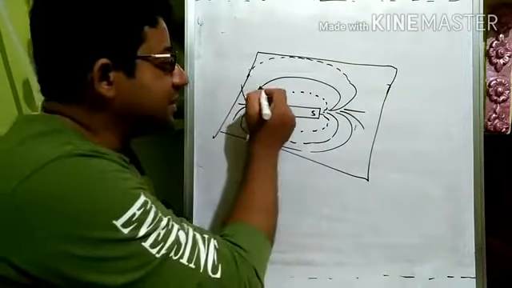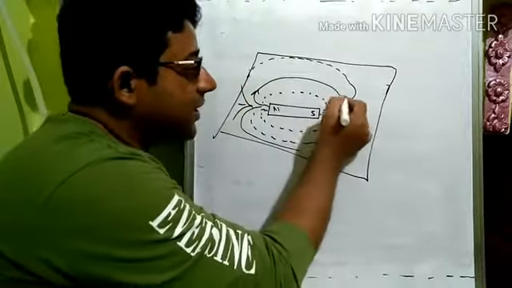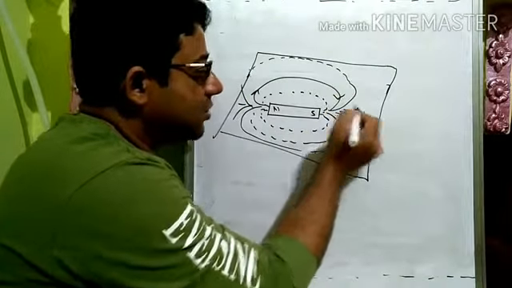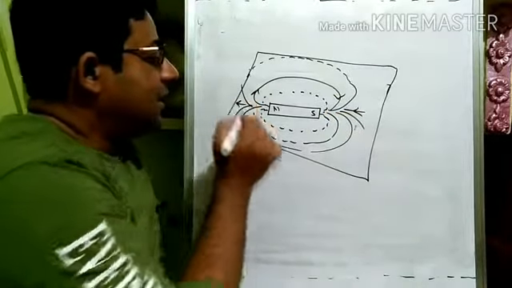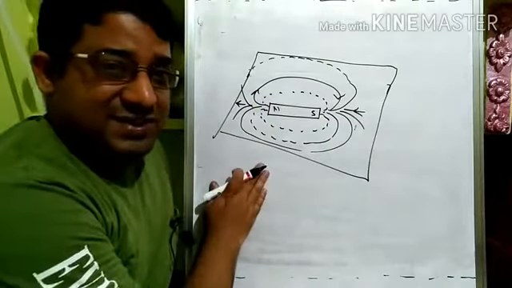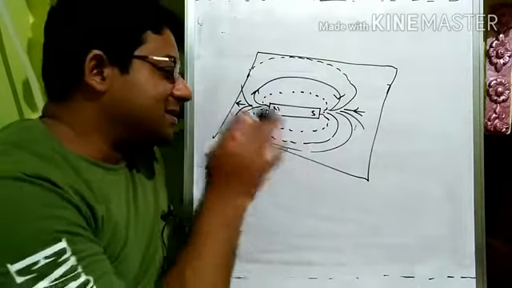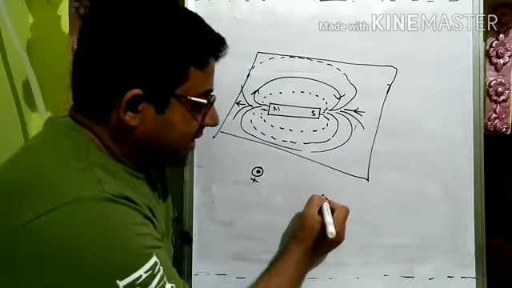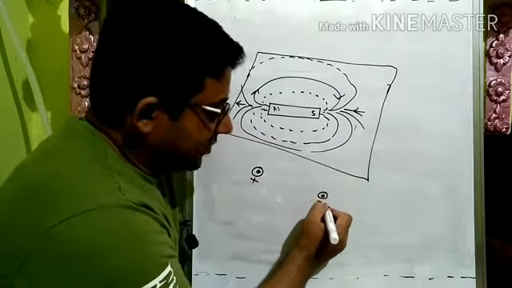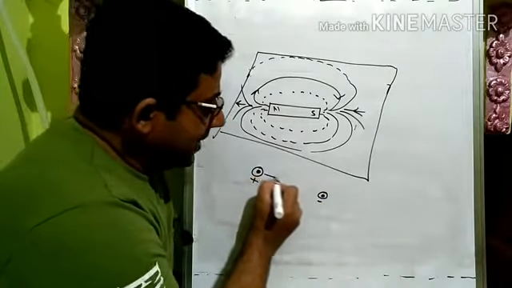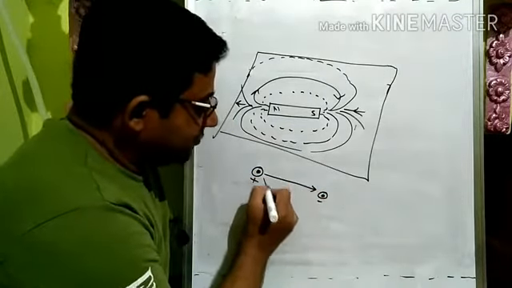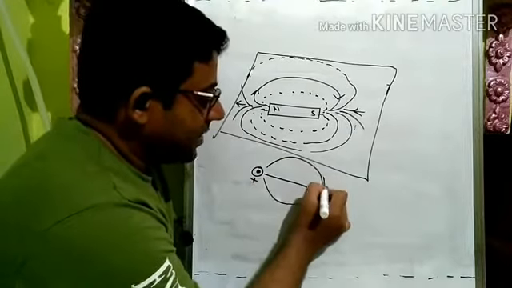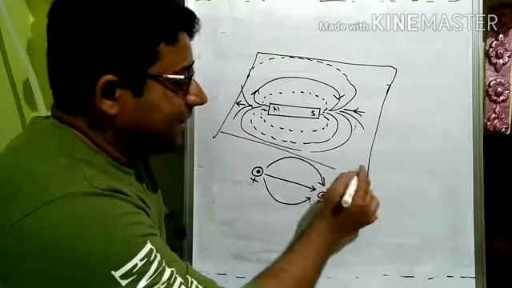Where it is coming out, we call that north, and where it is going in, we call that south. In case of electricity also, if we have a positive charge somewhere and a negative charge somewhere, then electric field lines are going always from positive to negative.